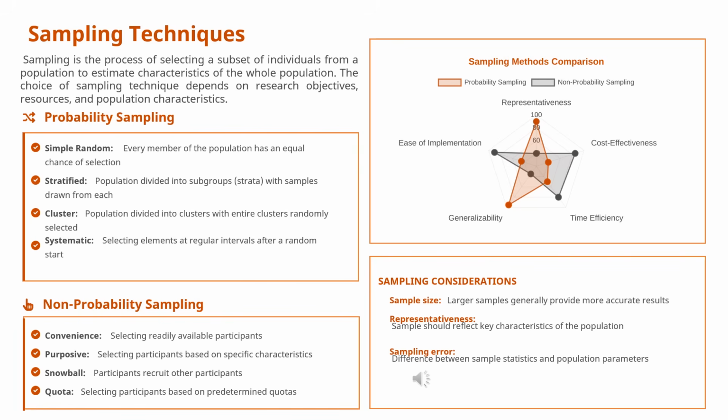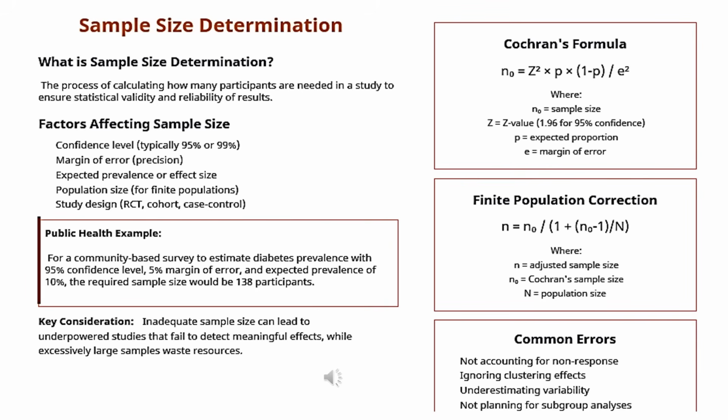Then next, we look at sample size determination. Sample size determination is the process of calculating the minimum number of participants needed in a study to ensure that your results are statistically valid and reliable.